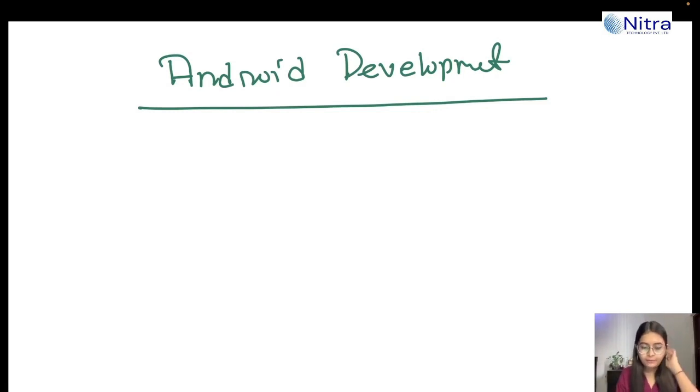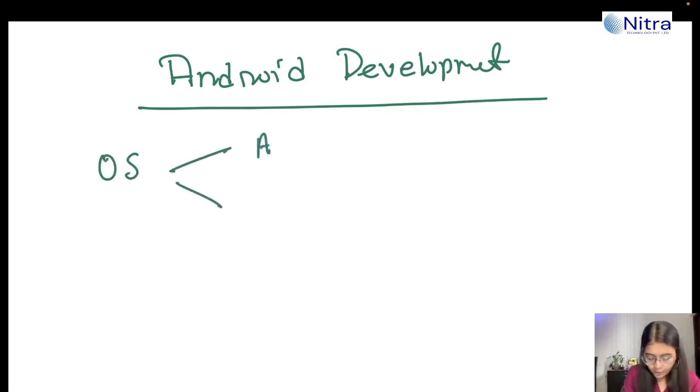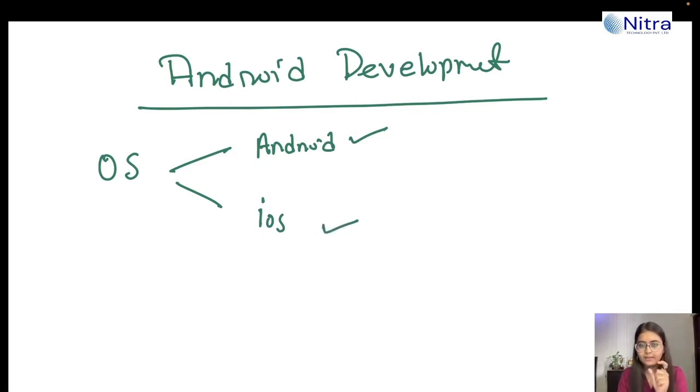We mainly have two operating systems. When we talk about OS, Android is there, and we have iOS. There are Android applications, and for that we have the Android operating system. We have iPhones, for which the iOS operating system is the significant part. So in mobile application development, these two are the main operating systems.